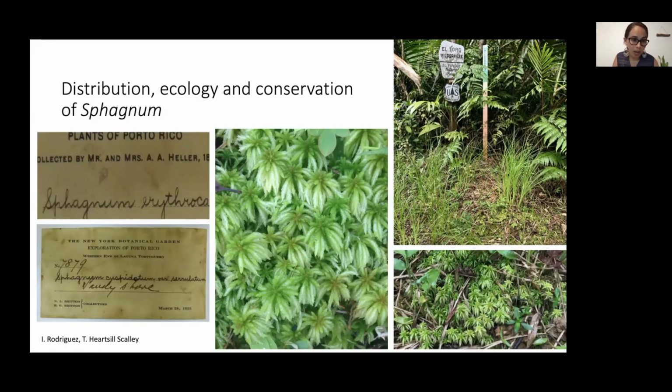So again, we have some herbarium specimens at the right with the names of the species that are no longer with us. And these are from the 1900s or the late 1800s. Okay, next slide.